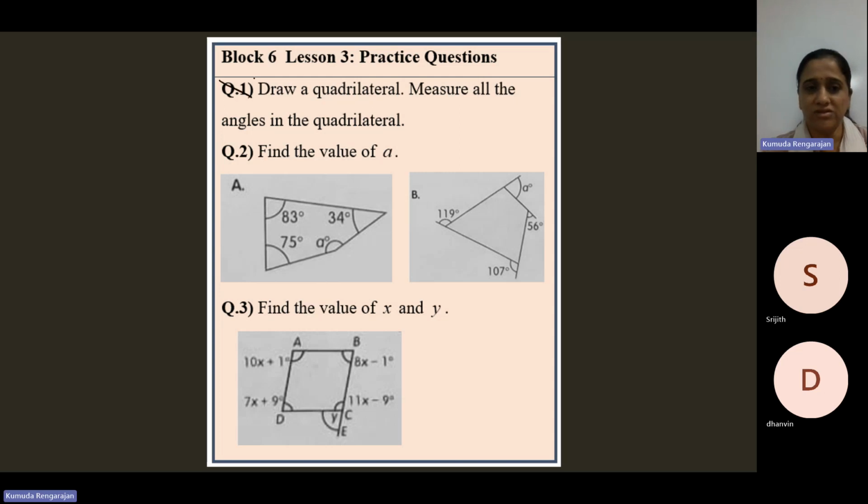We'll ignore this question. Please try A and B in question number 2.